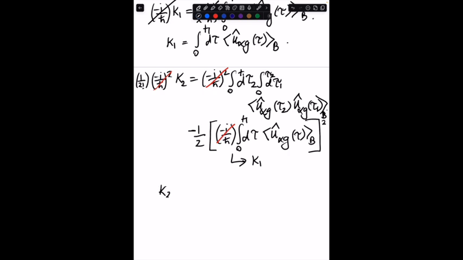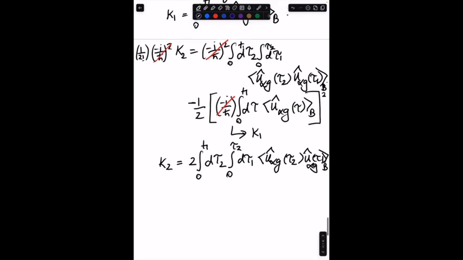So your second cumulant is 2 factorial, or 2, times the integral from 0 to t1 d tau 2, 0 to tau 2 d tau 1, u hat alpha g tau 2, u hat alpha g tau 1 traced over the bath, minus K1 squared.